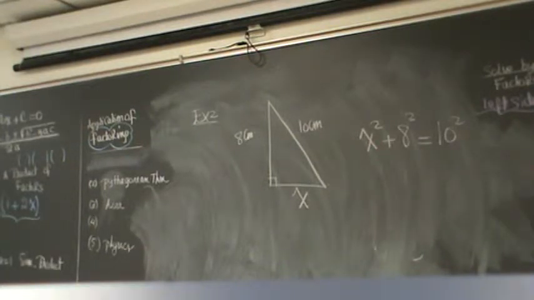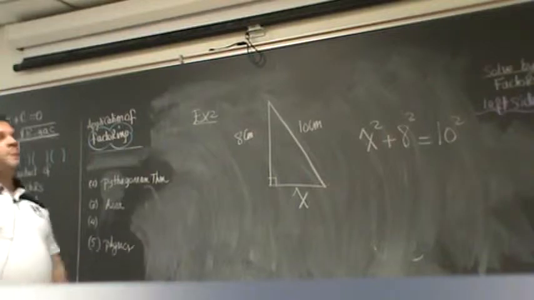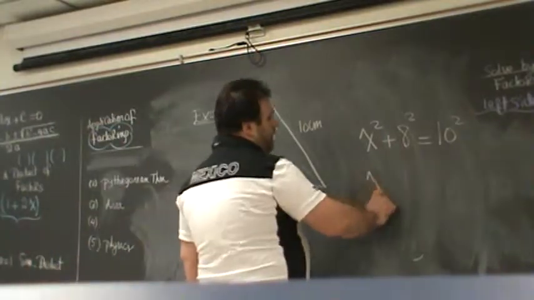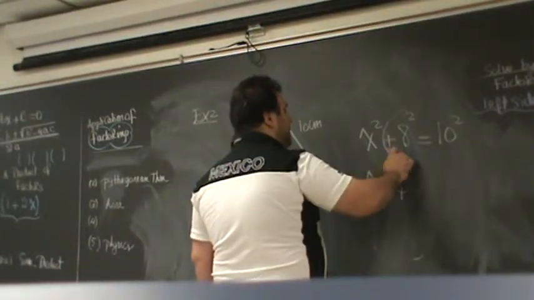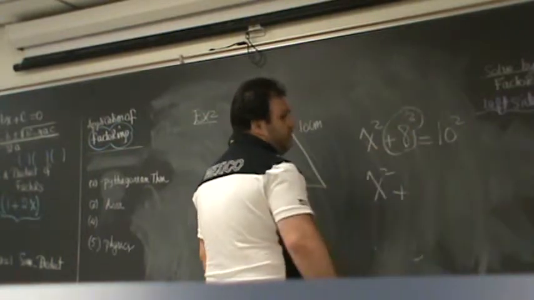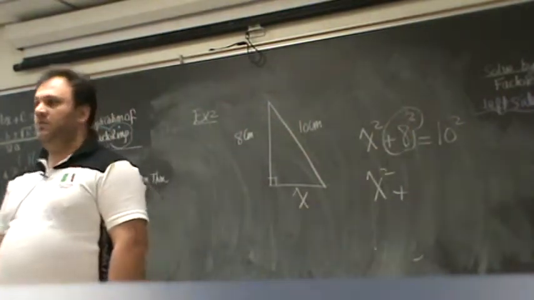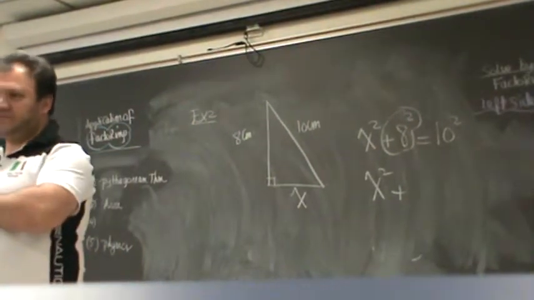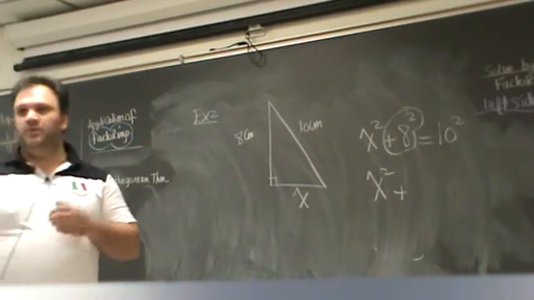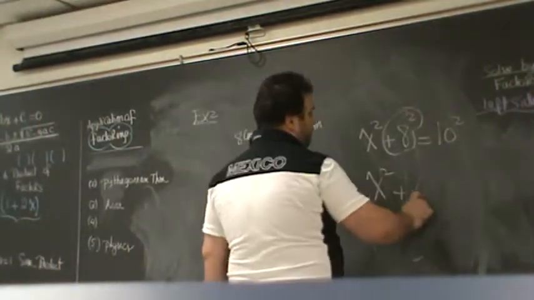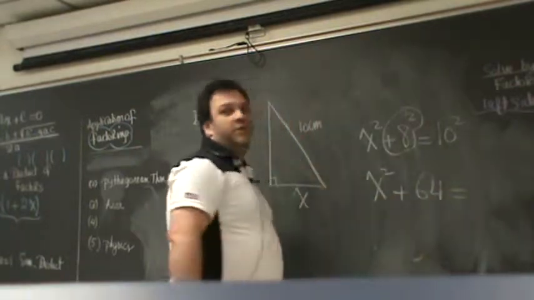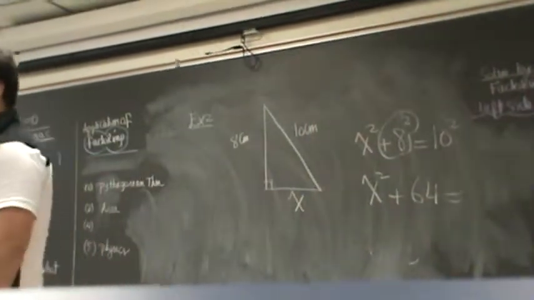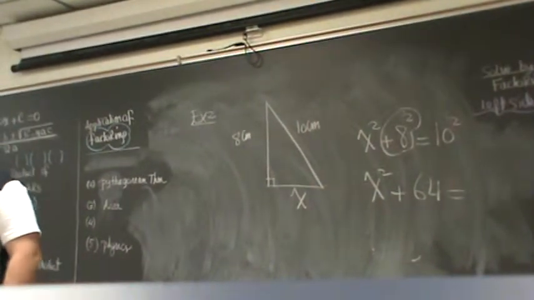One step at a what? So what does that mean? X squared plus, what is 8 squared? 16, right? 64. Somebody said 16. Only me. 64. And what is 10 squared? Are you sure it's not 20? Yeah, you are.